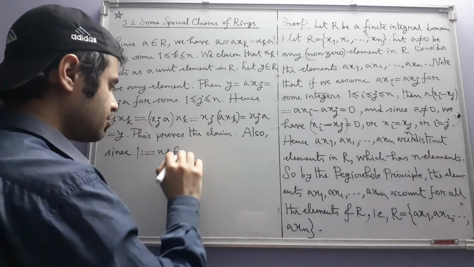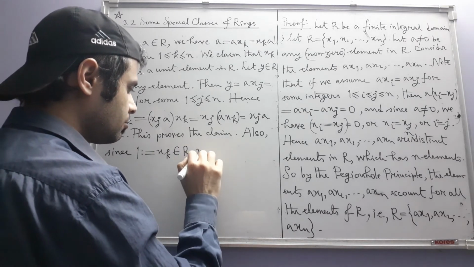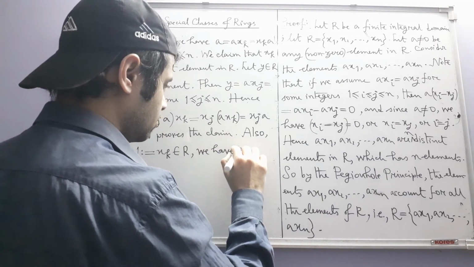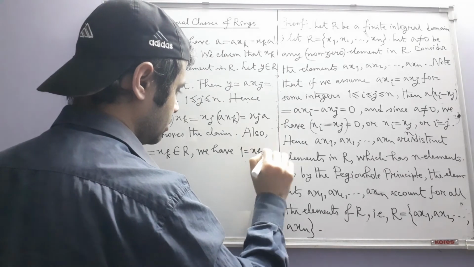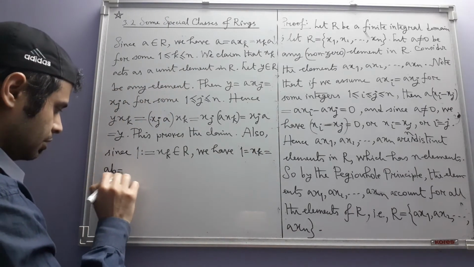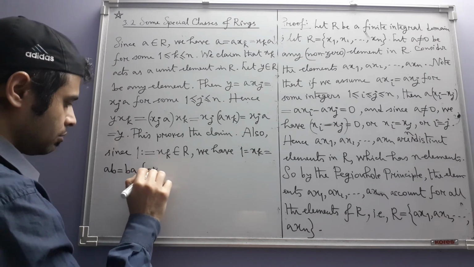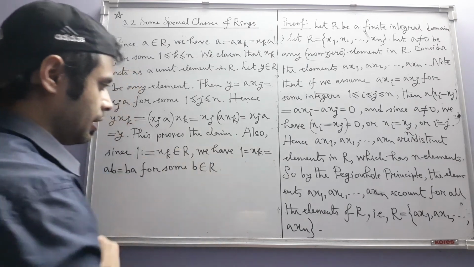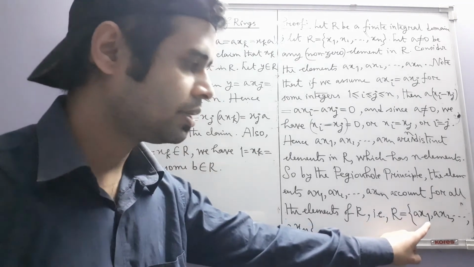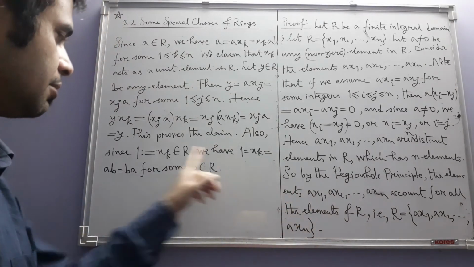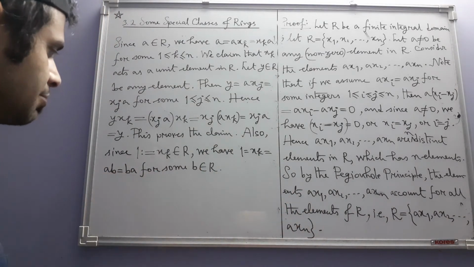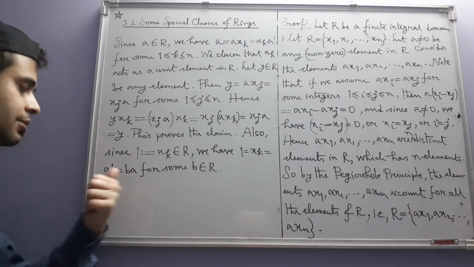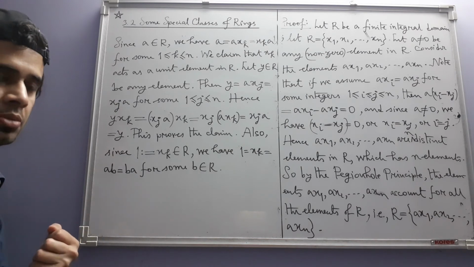Now since this also belongs to R, we have 1 equal to xk equal to AB equal to BA for some B belonging to R, because 1 will also appear in this list, so 1 will also be a multiple of A times something else, and that something else is nothing but the multiplicative inverse of A according to the definition of multiplicative inverse.